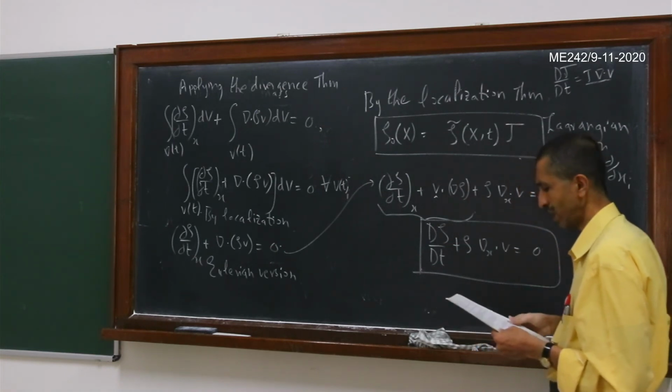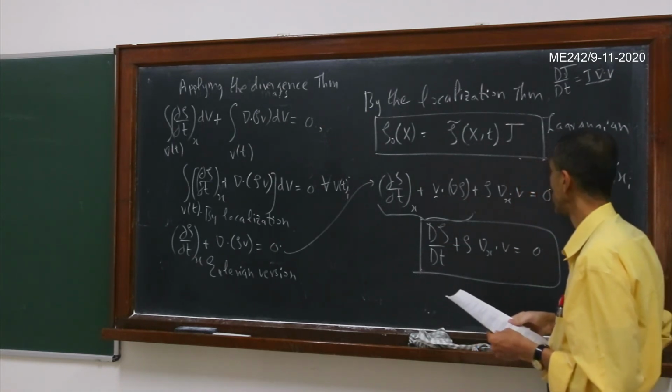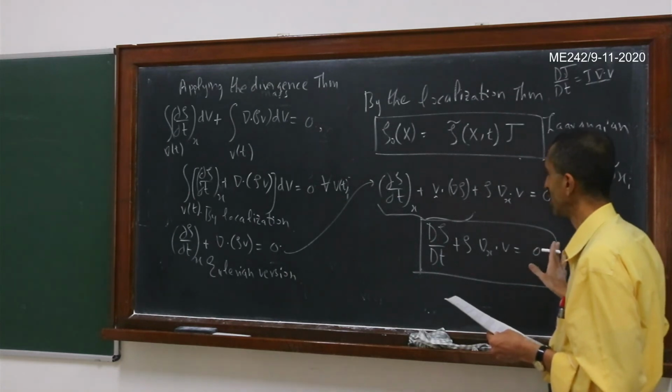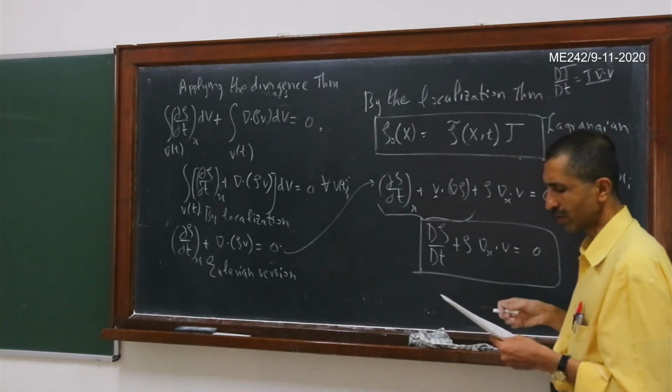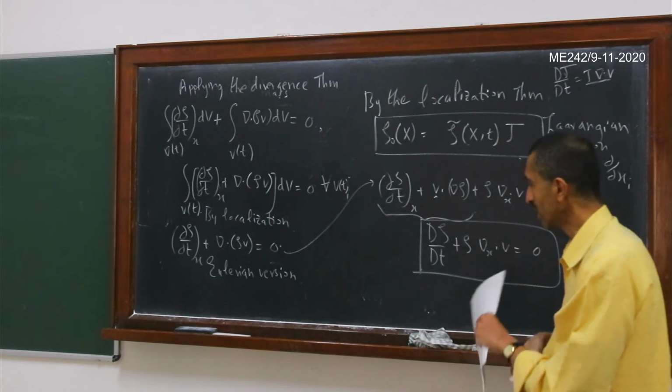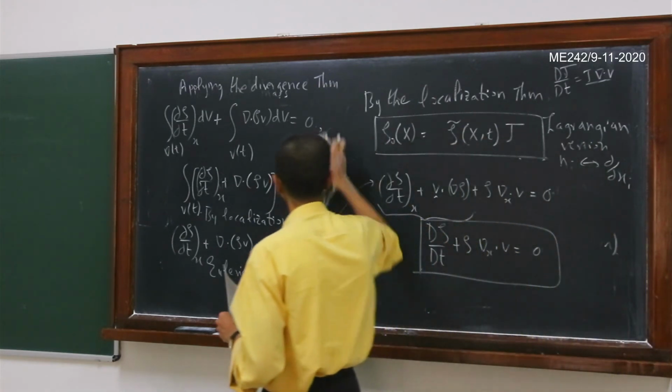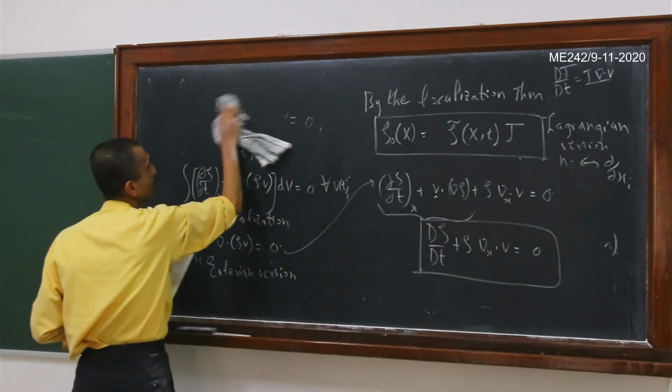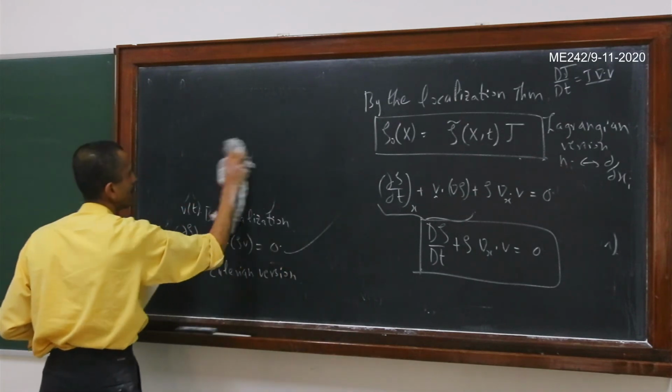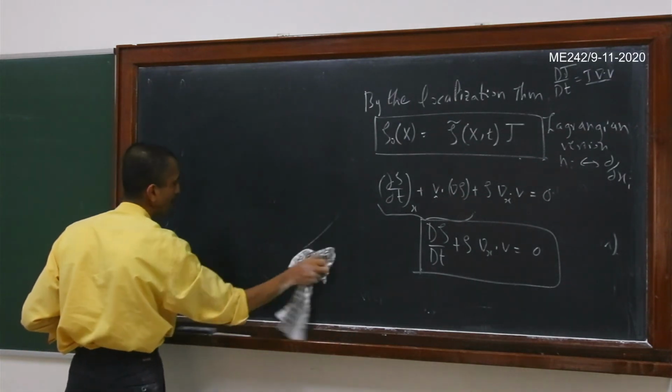Now one simplification that can result is the concept of incompressibility. We will not need this concept in our course on solid mechanics, but I will touch upon it very briefly.